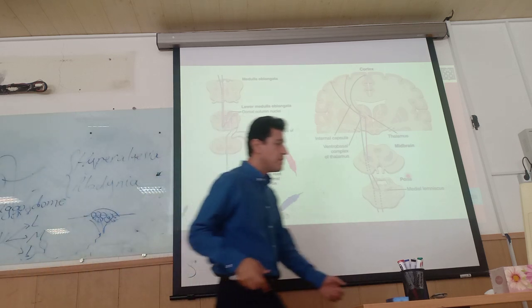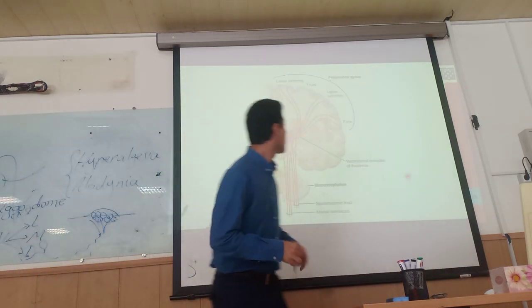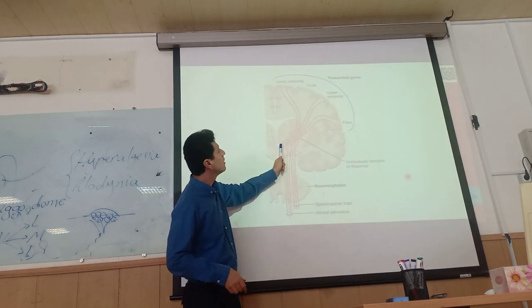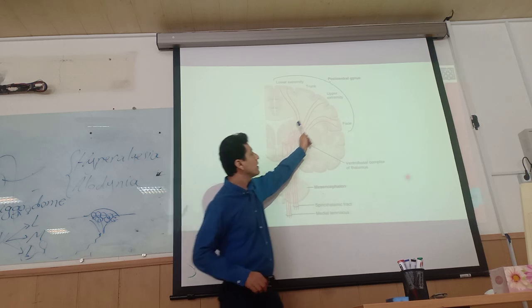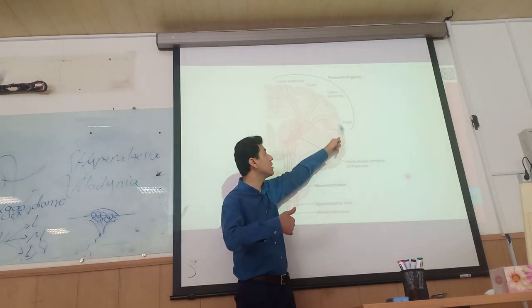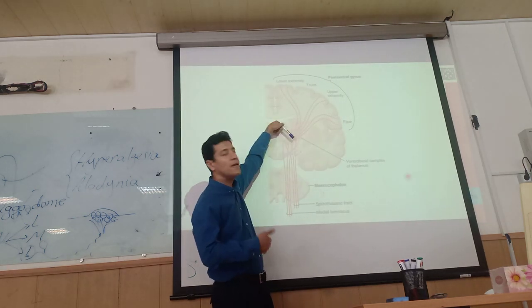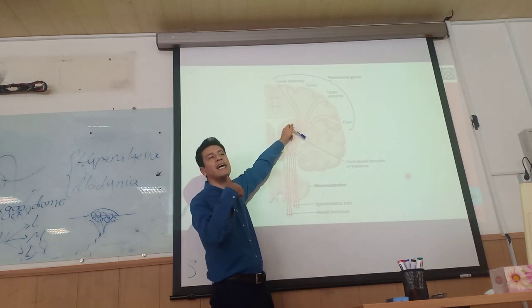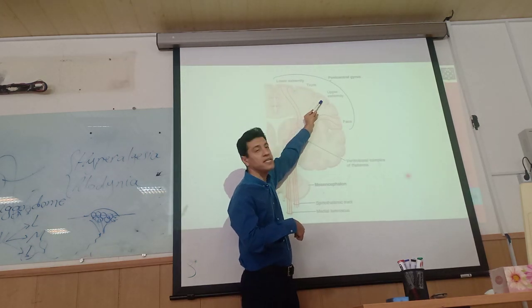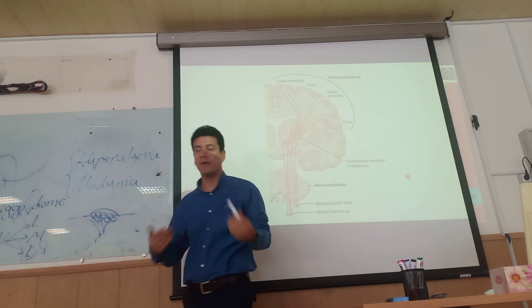So this is the DCML system. Again, fibers go to the thalamus: the ventral posterior medial nucleus for the face, and the ventral posterior lateral nucleus for the body.